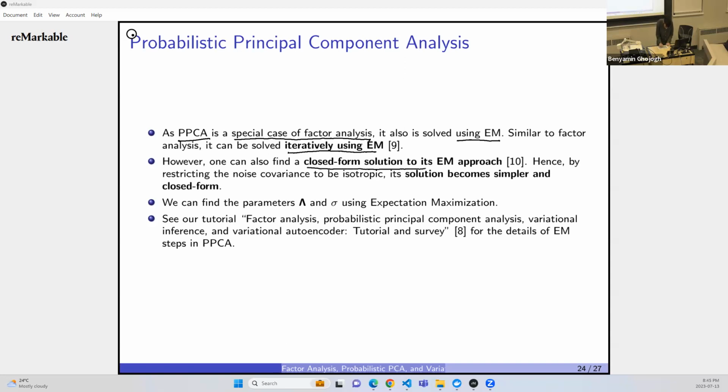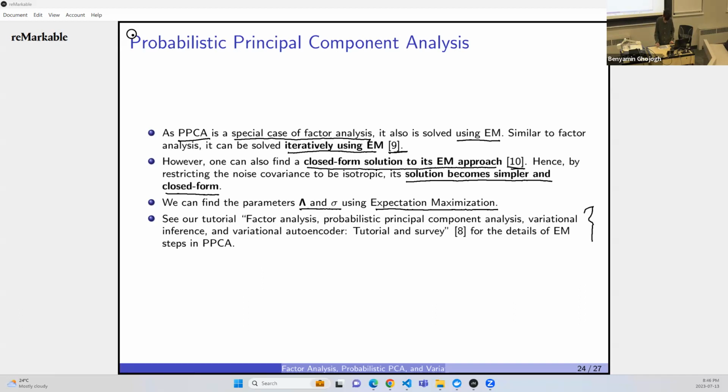So we can have a closed form solution. For the EM approach for probabilistic PCA, see reference 9. For the closed form solution, see reference 10. Okay. So its solution becomes simpler and in closed form. We can find the parameters lambda and sigma using expectation maximization or the closed form solution.